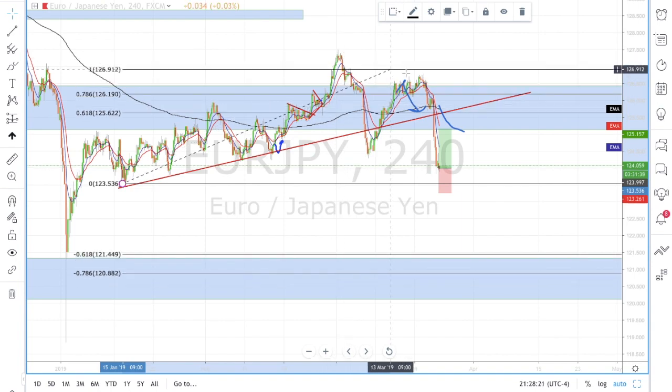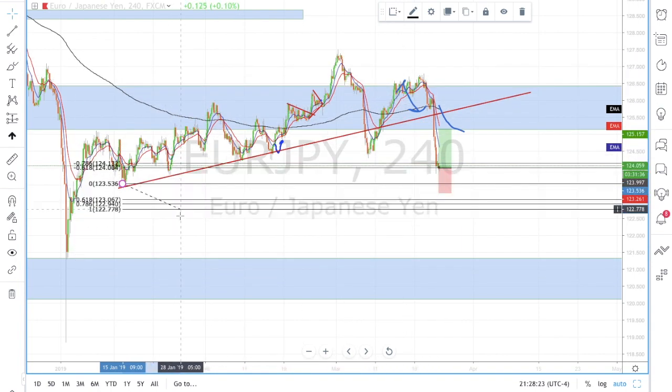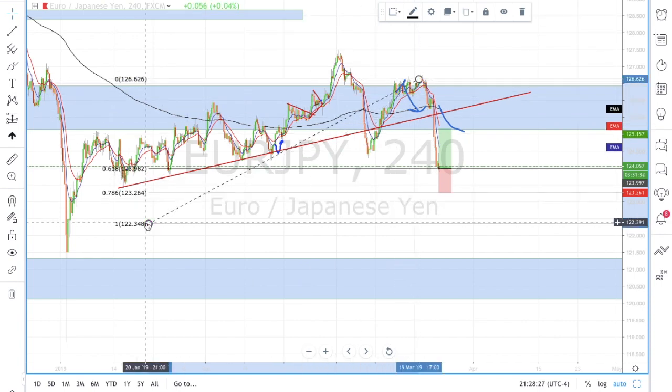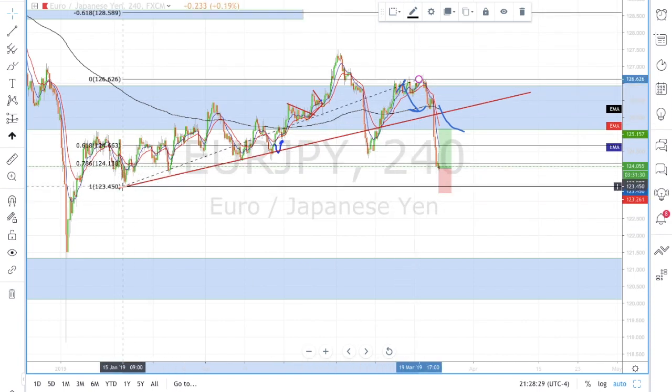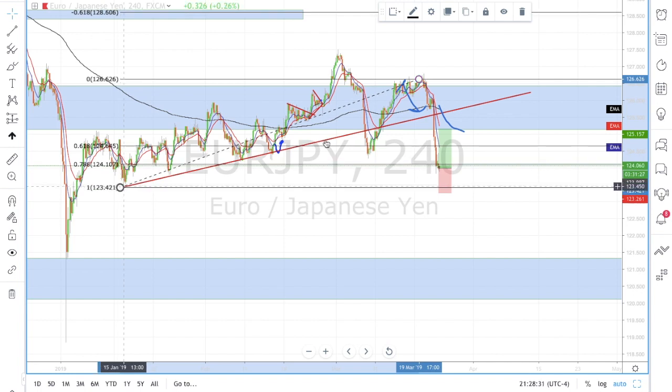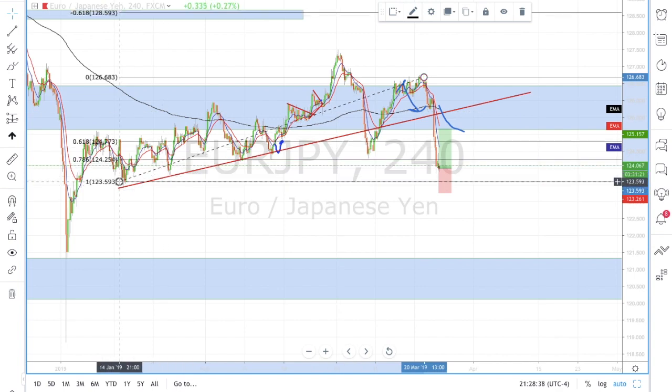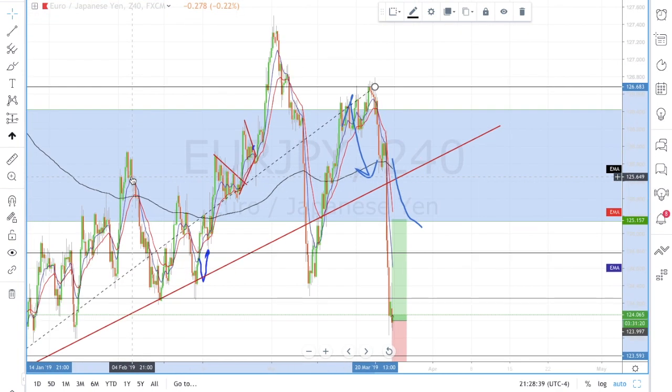So either from that body to that low, or that low to that body. I switched the Fibonacci right here, and I can do body to body in this one, because it seems to make more sense that way.